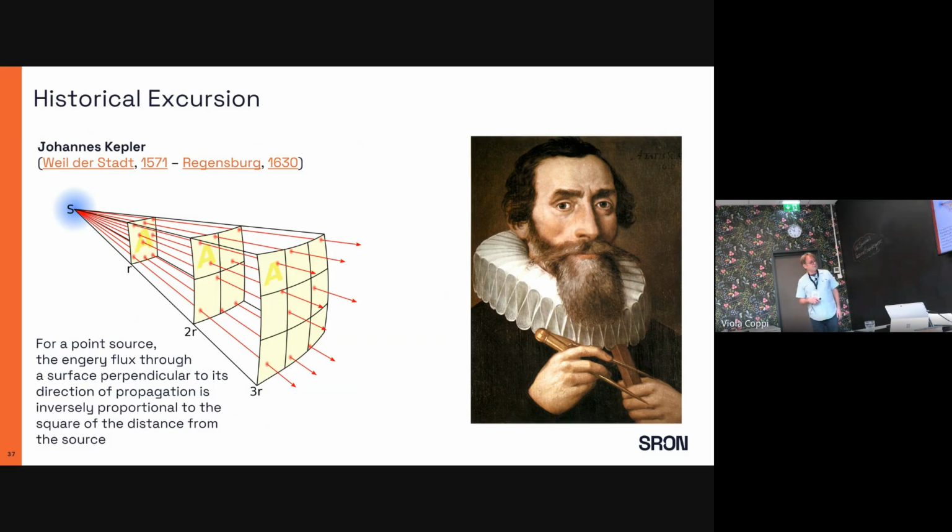And the same you can do with 3 times the distance. And in general, he said, the energy flux behaves inversely proportional to the square of the distance, right? Which is quite obvious when you look at the picture. That is a very important thing.